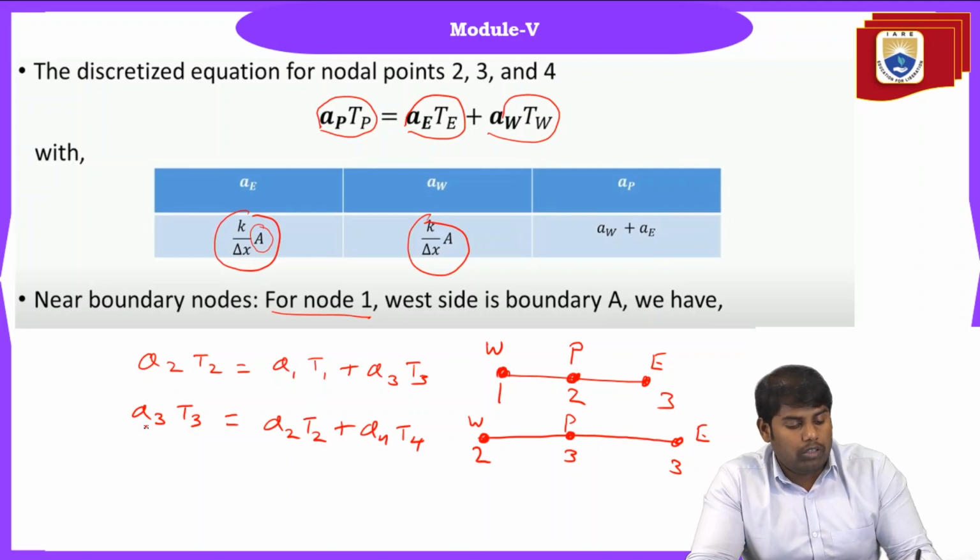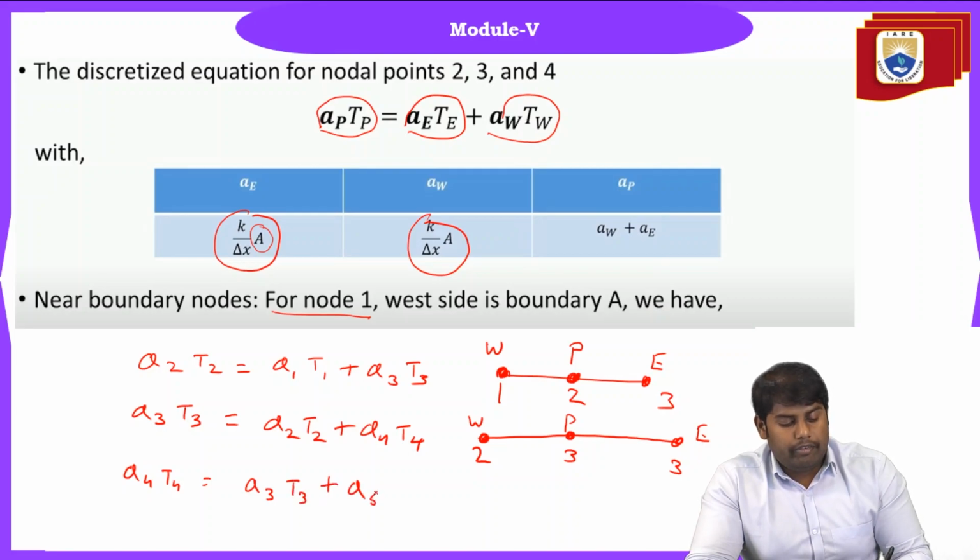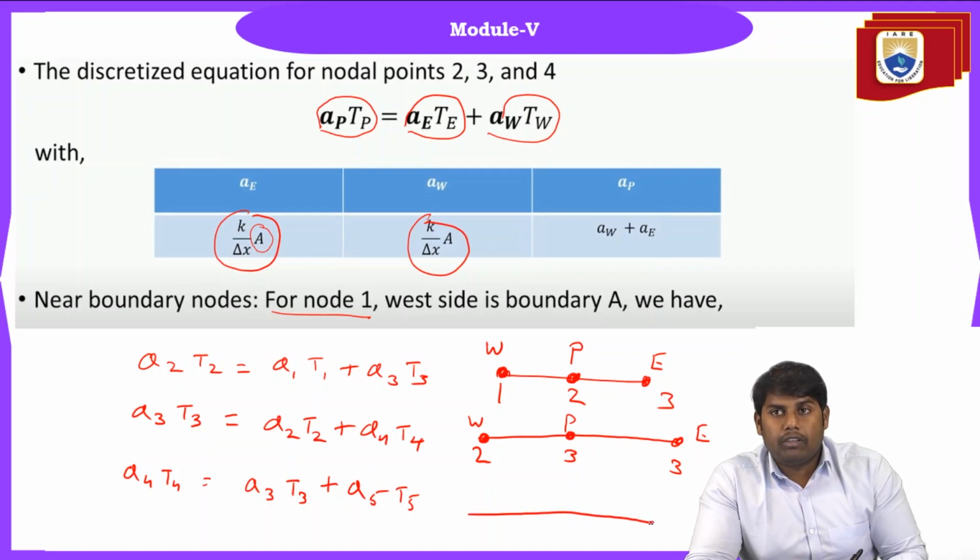Now the last one is 4. A4 T4 is equal to A3 T3 plus A5 T5. Again if we draw the diagram, 3 will be the west node, 4 is the point of interest P, and 5 will be the east node.